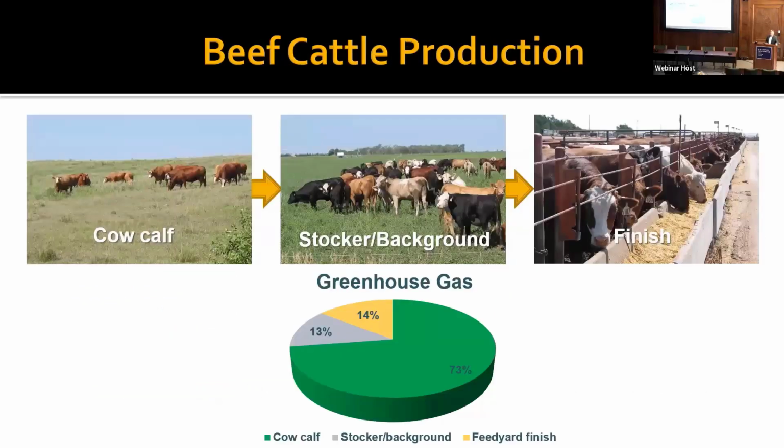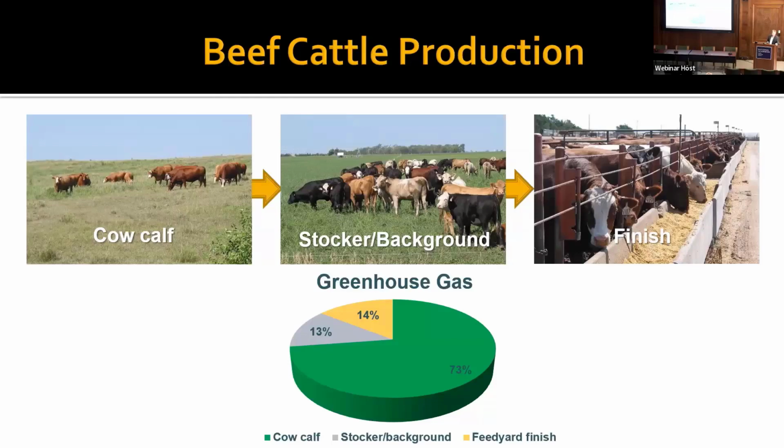But that's not the whole story. We have to look at the full life cycle. Most of the greenhouse gas emissions related to beef cattle happen in the cow-calf operation and stocker and backgrounding operations, which also often depend on grazing systems.